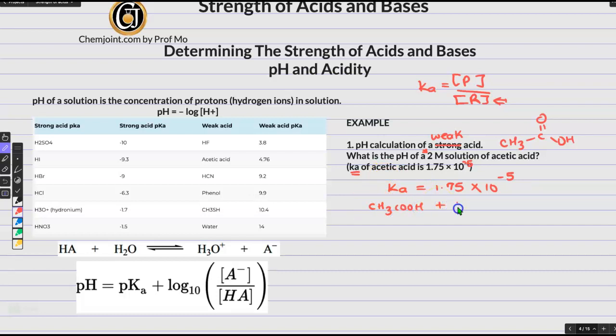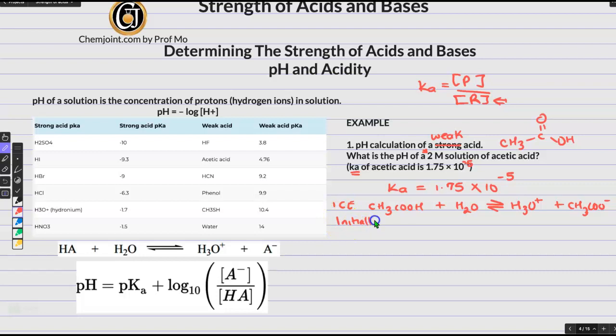So when you put acetic acid in water, it partially ionizes to give me H3O plus, which is the acid, and then it gives me the conjugate base. Okay, so now the ICE chart, I stands for initial.